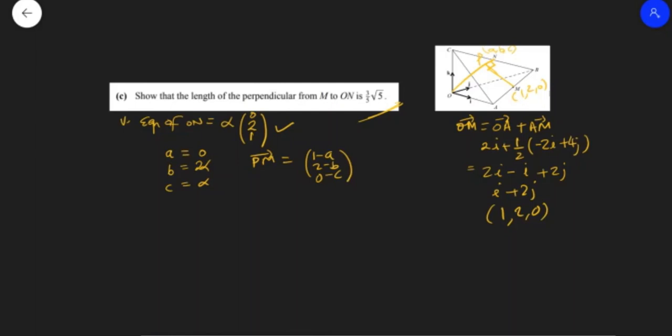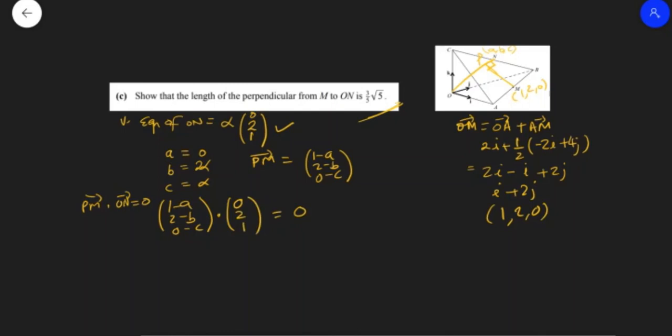So the dot product of this vector we just got, PM dot ON, has to be equal to 0 because they are perpendicular. So 1 minus A, 2 minus B and 0 minus C dot ON is already known to us, which was 0, 2, 1, will be equal to 0.